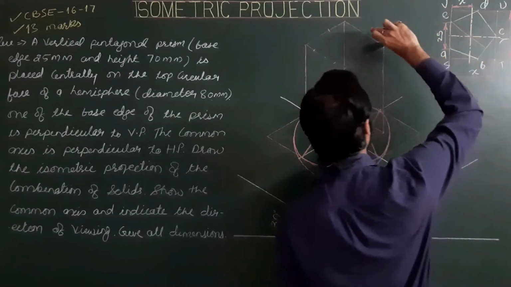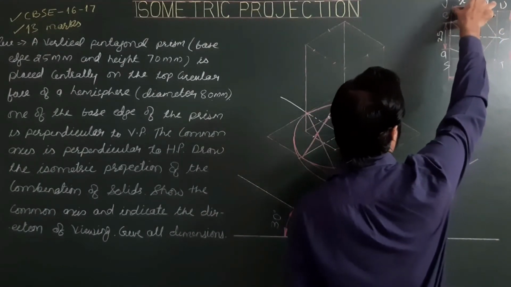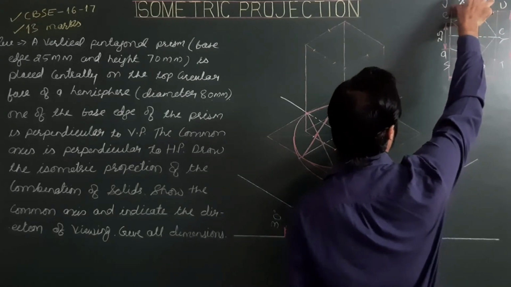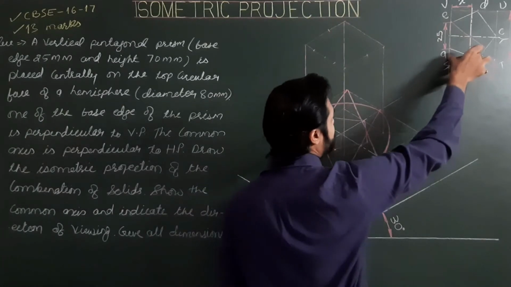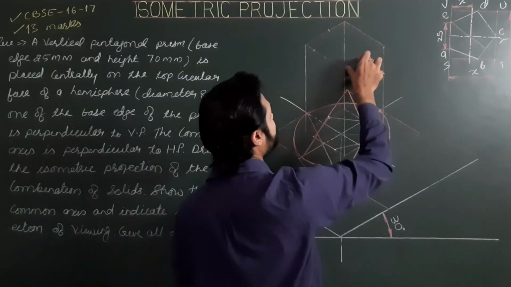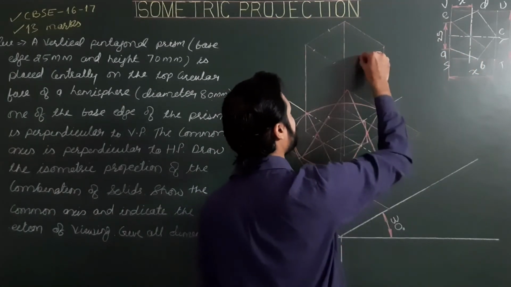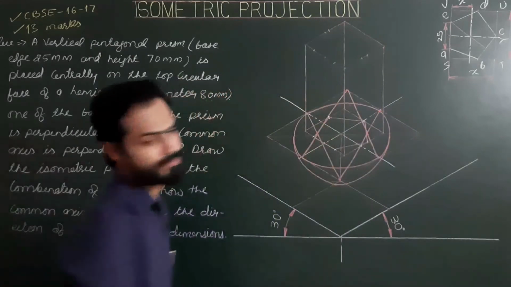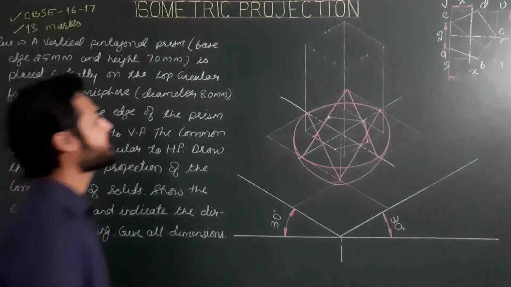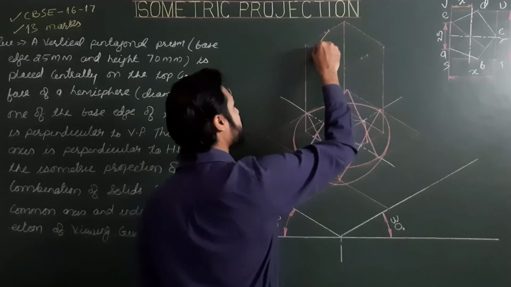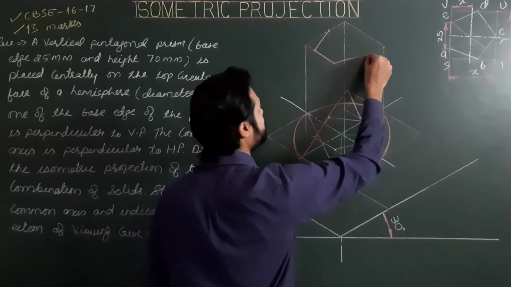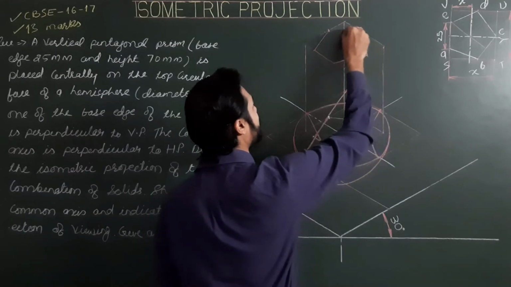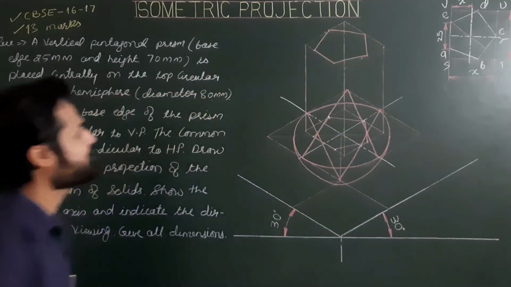Again, from C, the center line will pass, and X dash from B, X dash from S also, the distance is X dash. So these are all 5 sides of the upper pentagonal base.